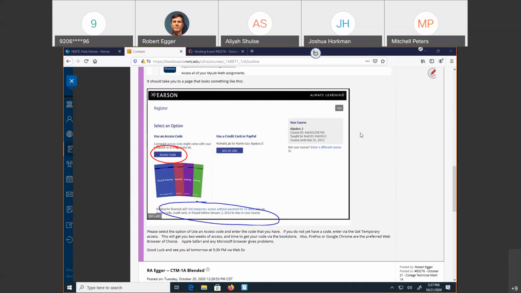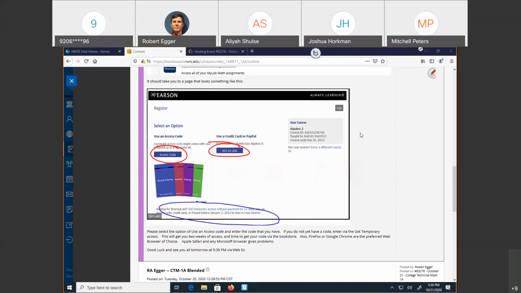But it should eventually get to some page that has a bunch of blocks that you can enter your registration code into, and you should have full access then. If you're still waiting on an access code, you've got one of two choices. I'm not sure what this is for, a different class, an algebra class.